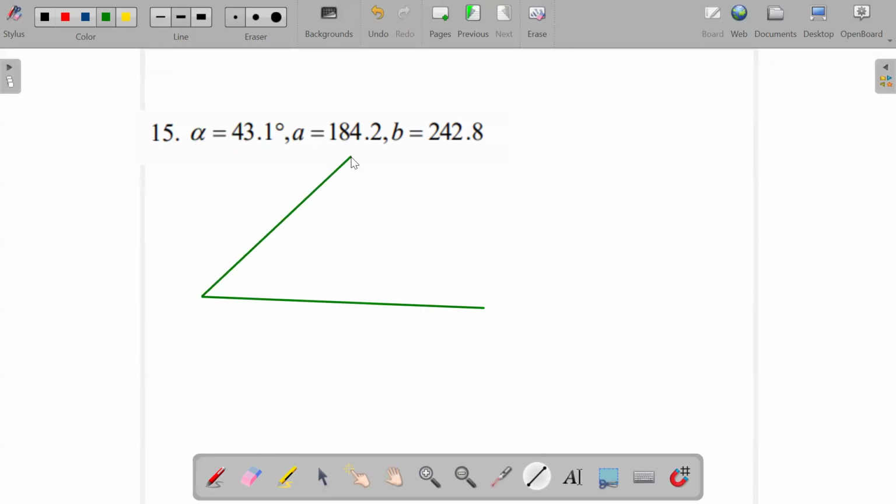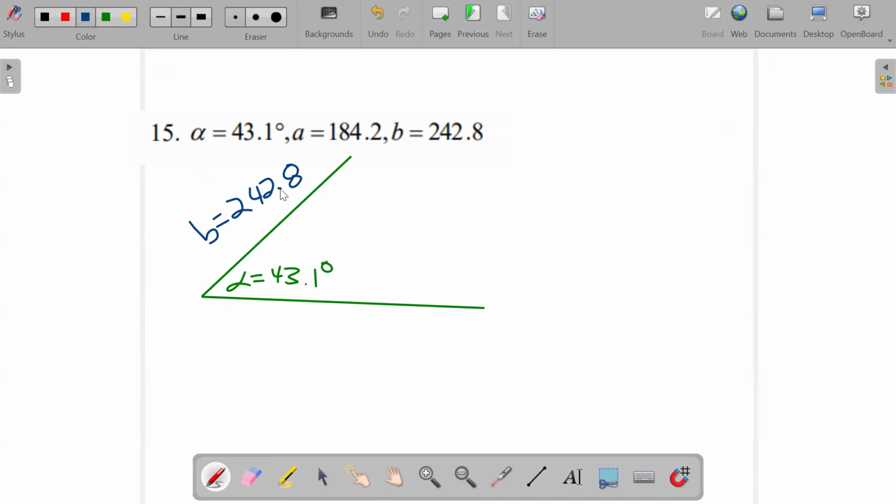Let's label what I have so far. Alpha is 43.1 degrees. This time I'm going to put B up here, so B equals 242.8. I'm wondering if I draw it a little differently, I might see another option.